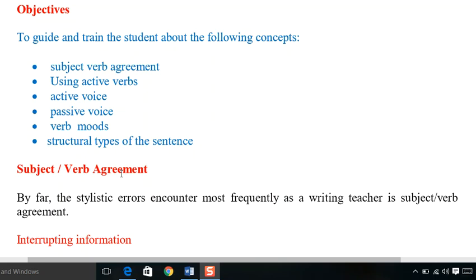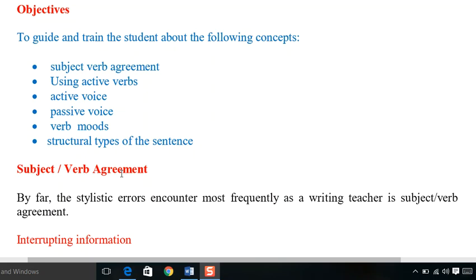For example, I am making a video clip. Here, I is the subject and the rest is the predicate. Similarly, these video clips are for the guidance of the students.